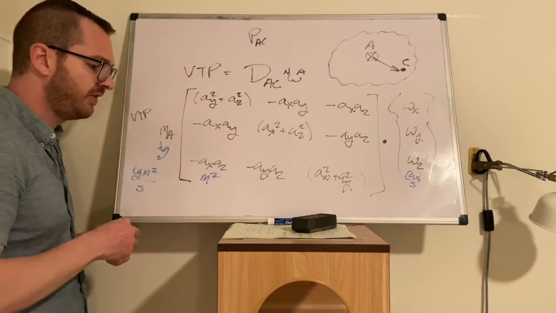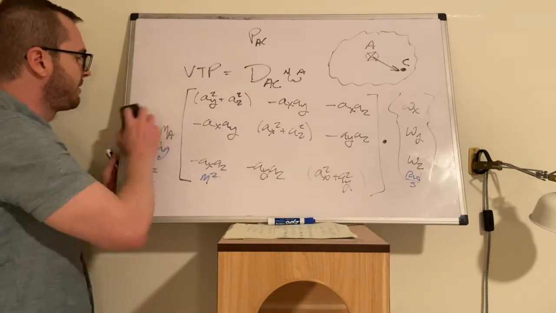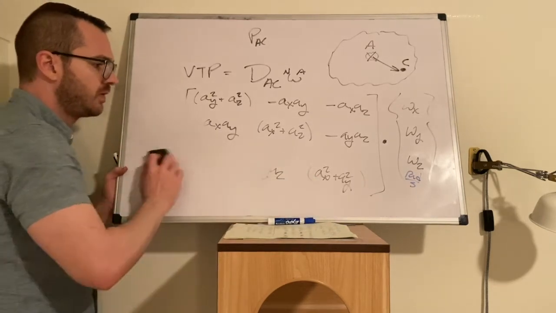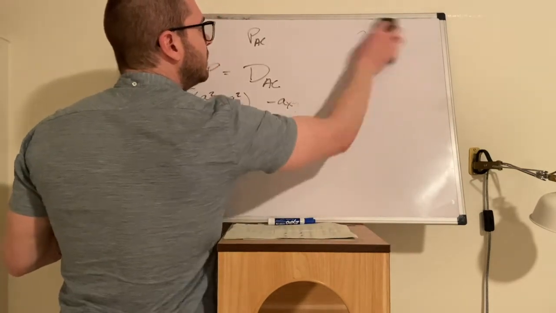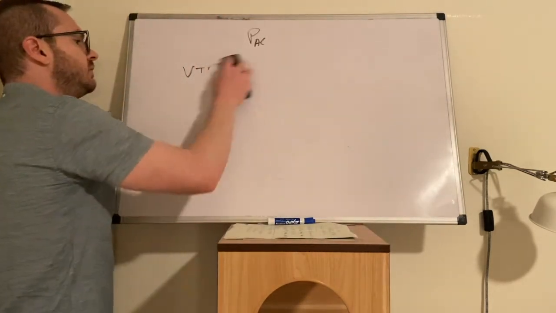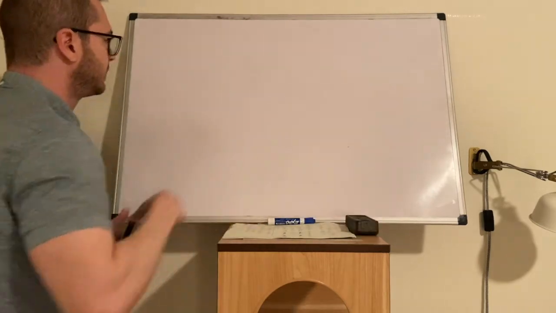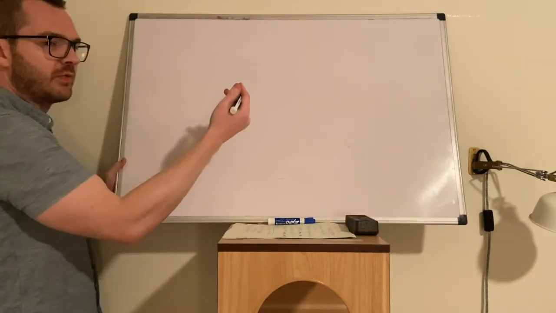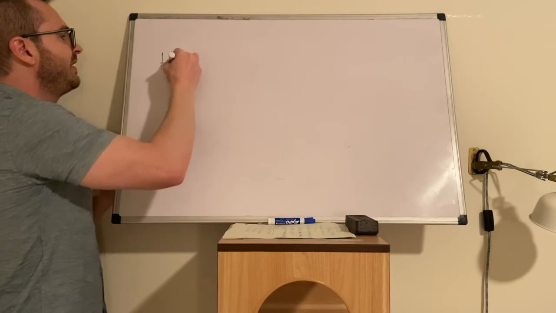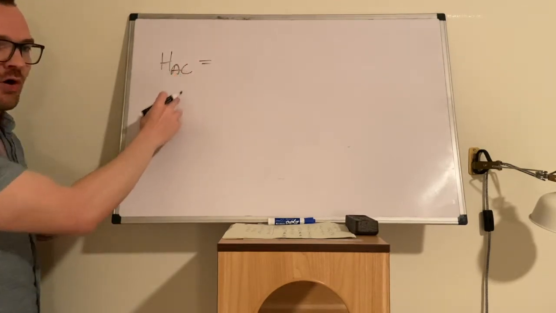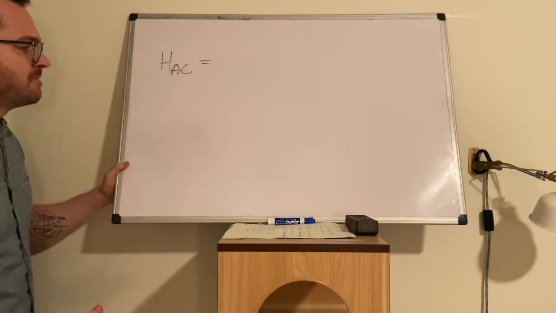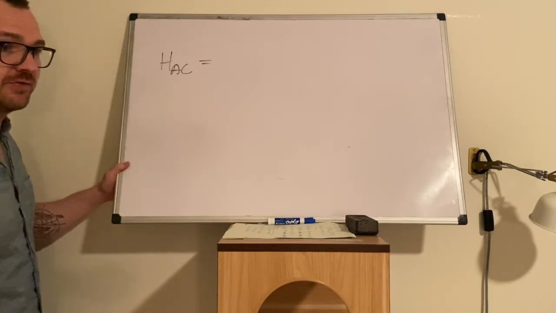So let's take all of this stuff and put it all together now. Remember the original point of all of this? We wanted the angular momentum of some body A about some arbitrary point C. And we ended up having three terms in this expression.